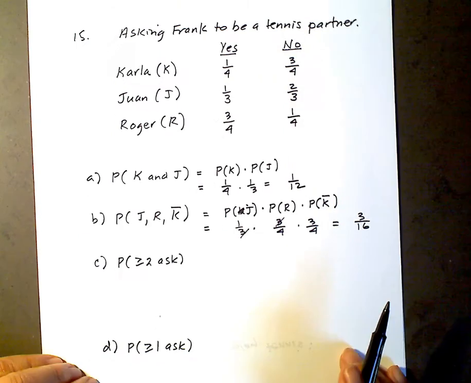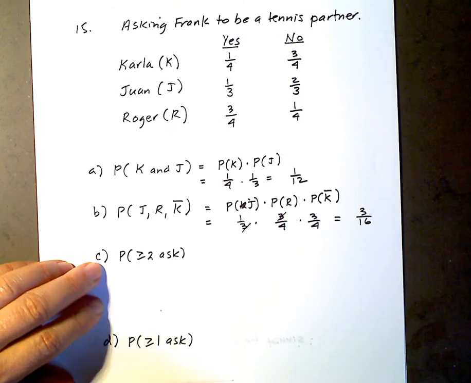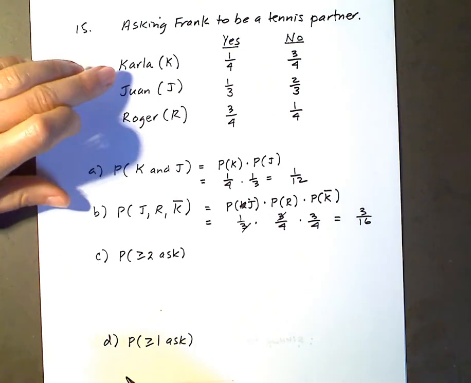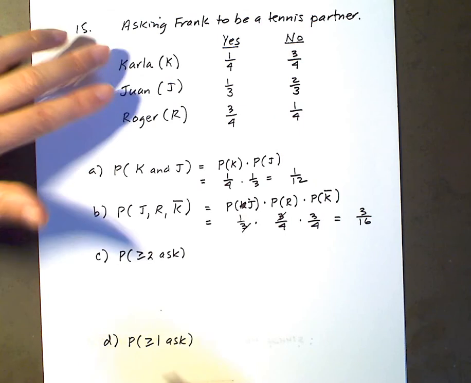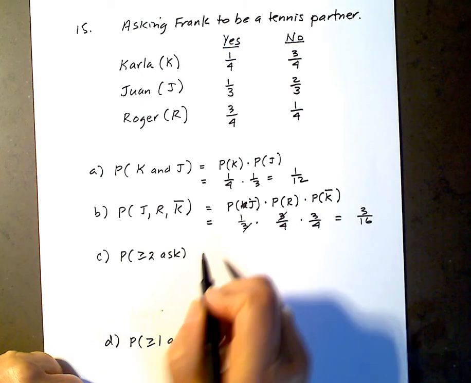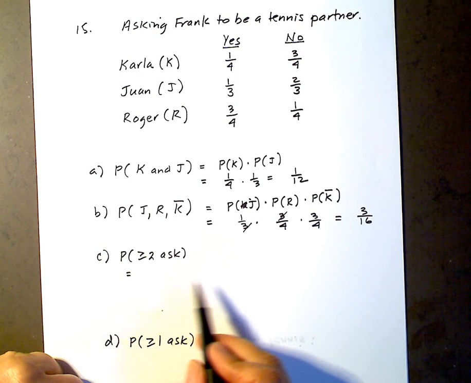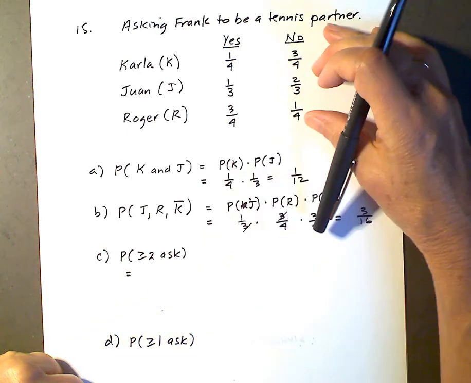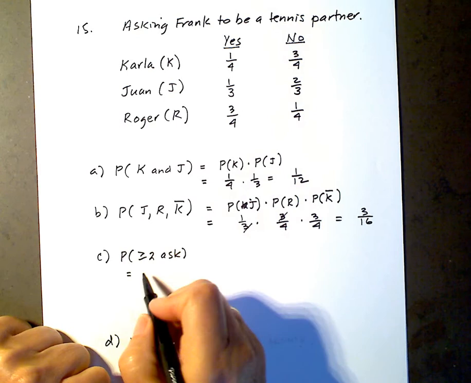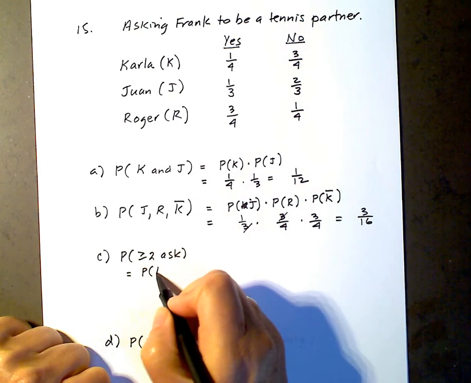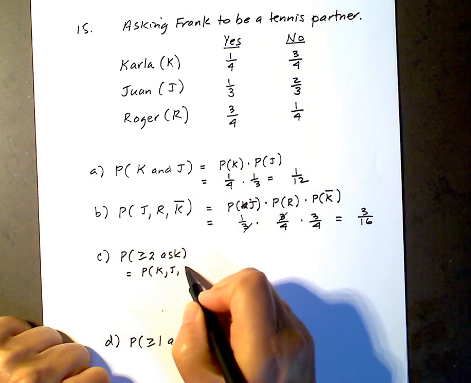Okay, so the probability that 2 or more ask. This is where we should think, well, possibly it would just take Roger and then one of these two. So the probability that 2 or more ask is either different combinations of 2 of these 3 or all 3. So let's go one at a time. Say Carla does, Juan does, but Roger does not.